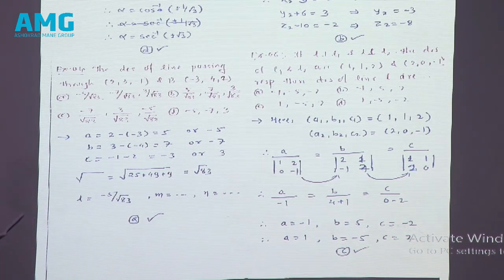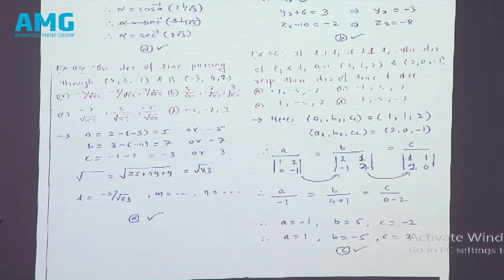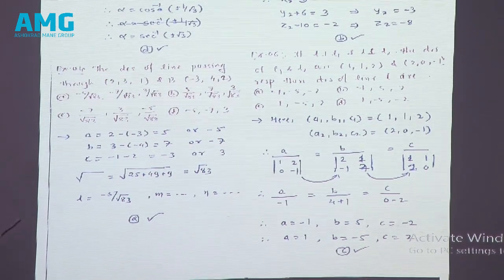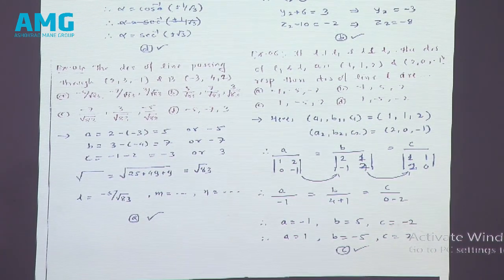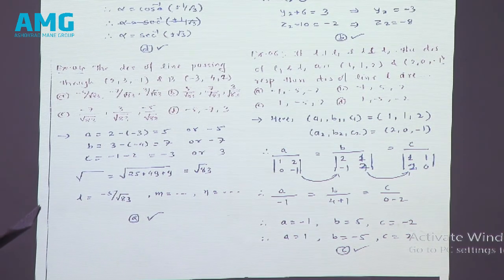L1 line and L2 line must be perpendicular to the line L. Therefore, we firstly write a1, b1, c1 be the DRs of L1, that are 1, 1, 2. DRs of L2 are a2, b2, c2, that are 2, 0, minus 1. Now just use the Cramer's rule formula, that is a upon determinant, b upon, and c upon. a upon b1 b2, c1 c2 means 1, 0, 2, minus 1.